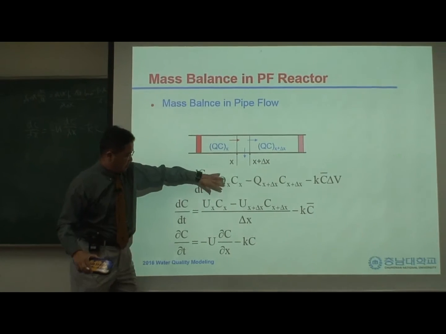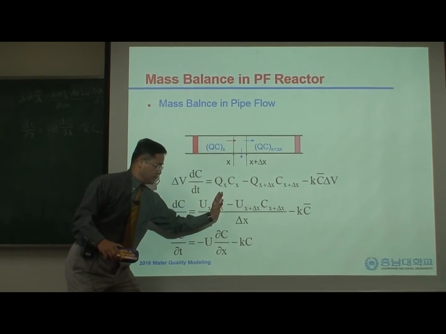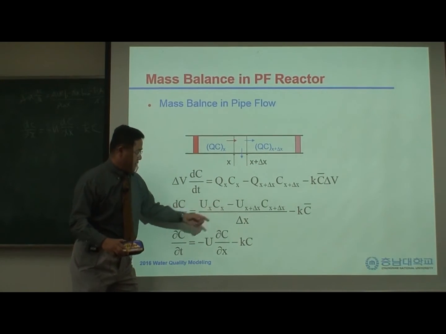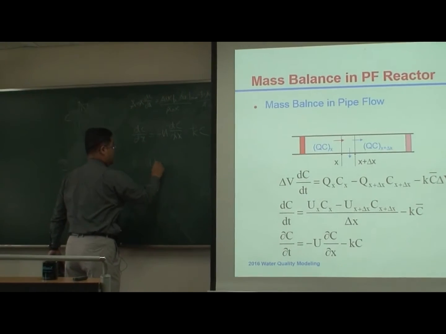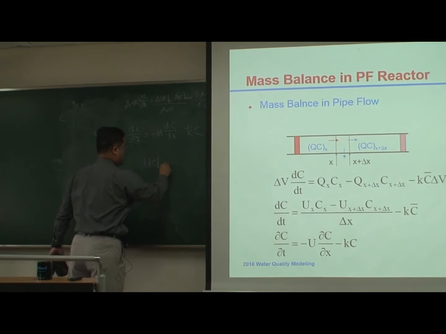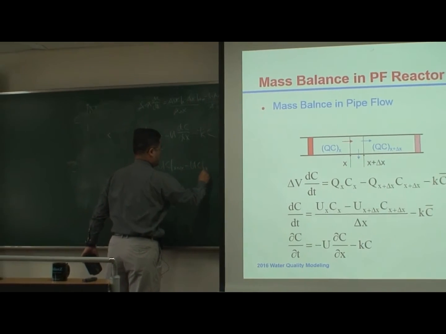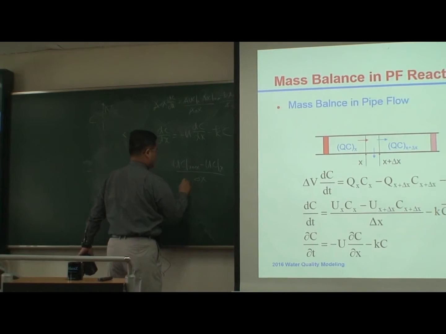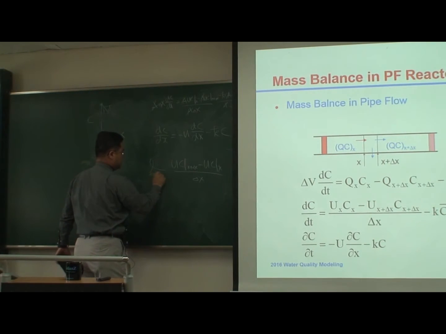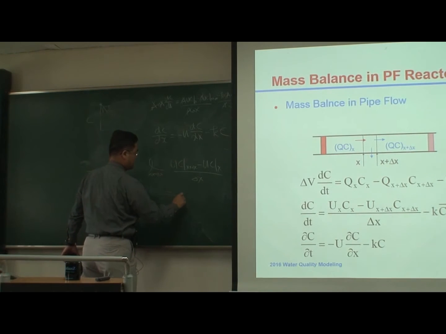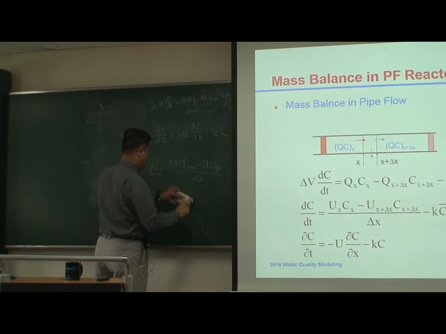Okay, if you change this one, it is U C at X plus delta X minus U C at X over delta X, and if we send my delta X to 0, then by definition of differentiation, this is going to be U, which is a constant, times dC/dX.